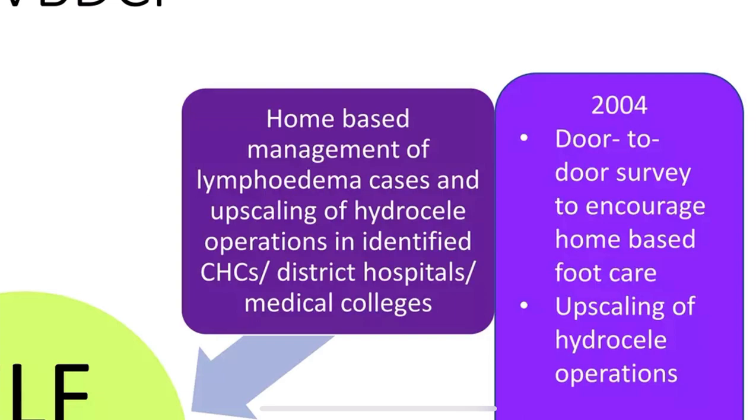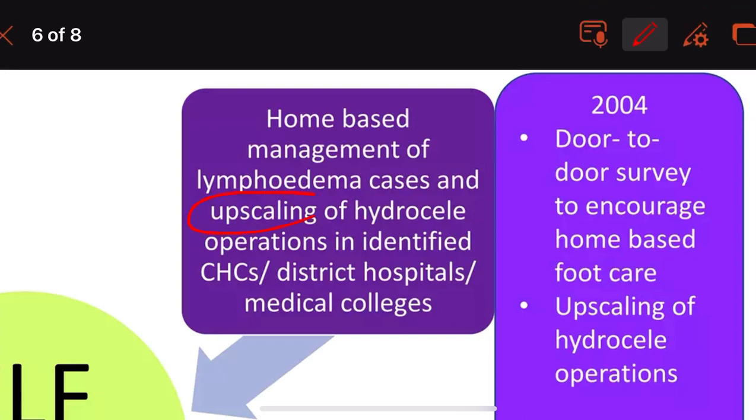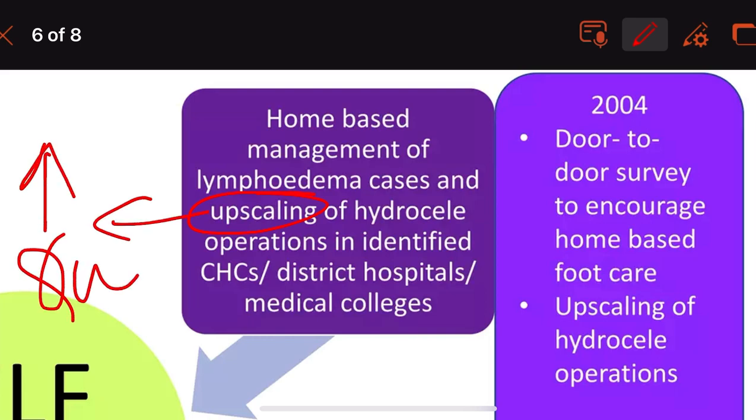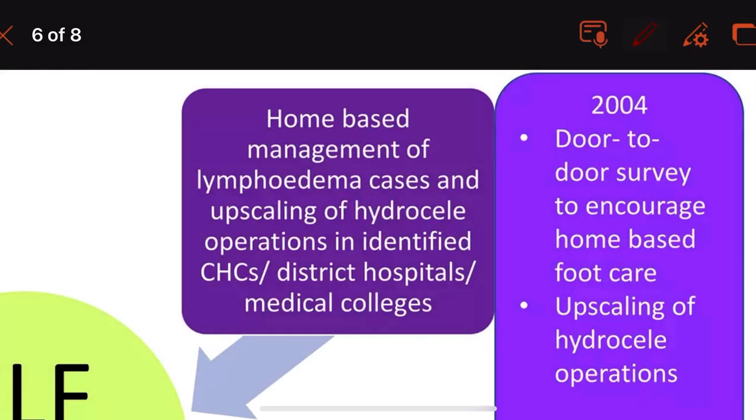So here we see that we are upscaling. What do you mean by upscaling? We are increasing the quality of service of the operations which are being performed for the hydrocele. We are improving the services in the community health centers, district hospitals, medical colleges. So these are the two main strategies.